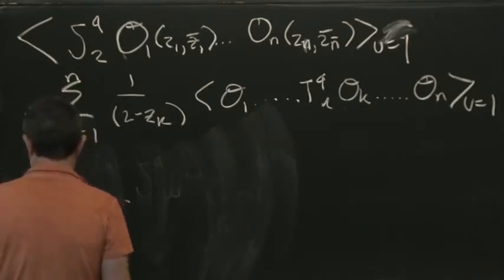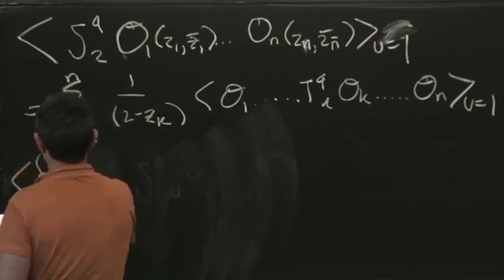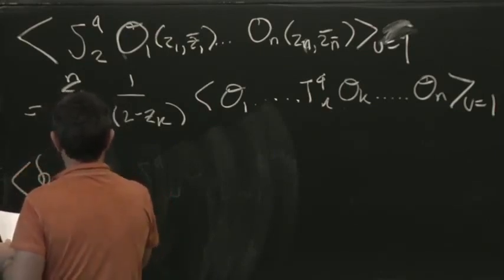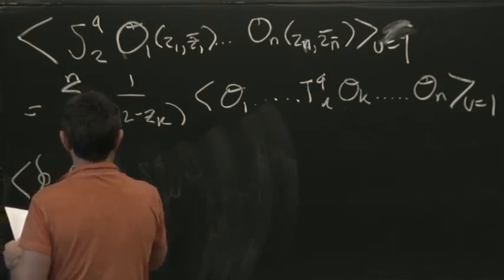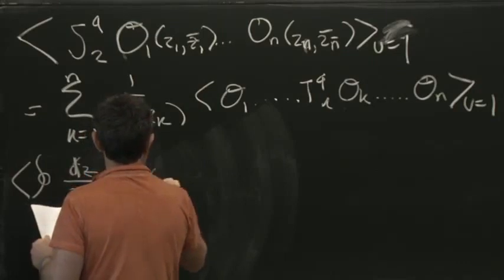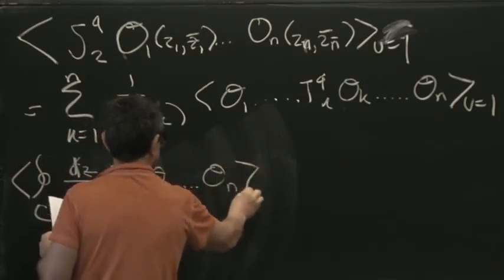And now I take the integral dz over 2 pi i of j(z) O1 to On.